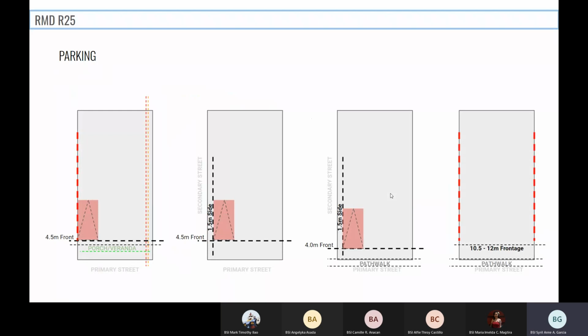We have boundary walls on both sides, and the dwelling is located at the 3-meter setback. The minimum extension from the garage should be 500 mm, so 0.50 meters. With that, we can have a double garage.